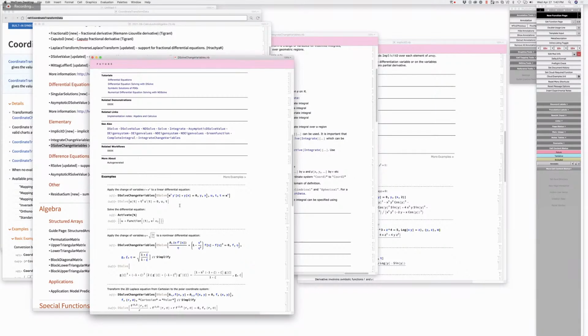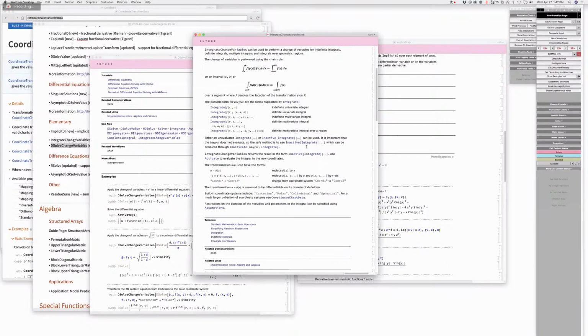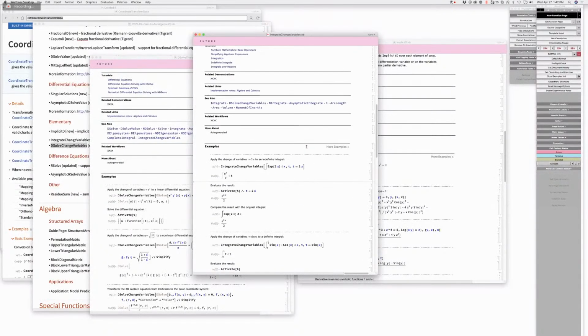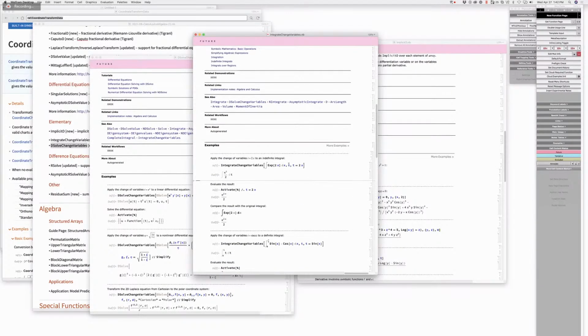What the heck is all of this? Okay, I'm a little confused here, so let me look at this again. Okay, this says I want this to end up with this independent variable, this integration variable.